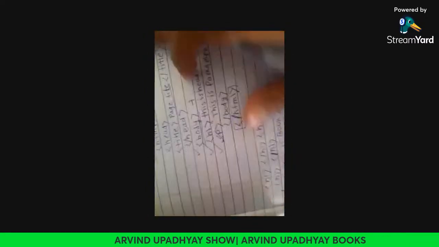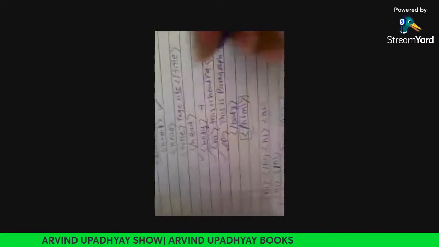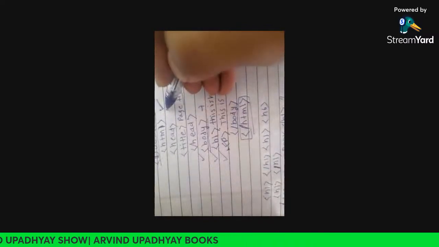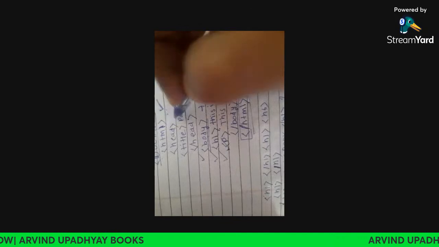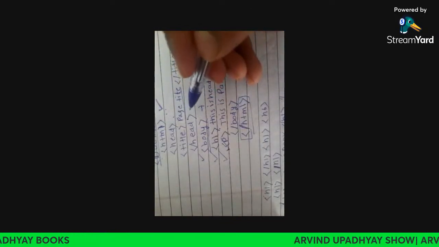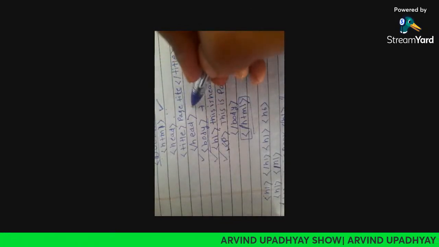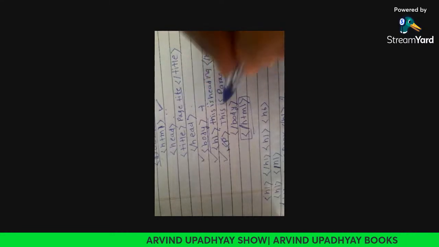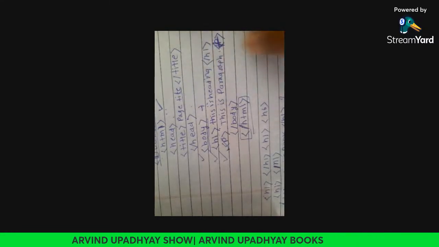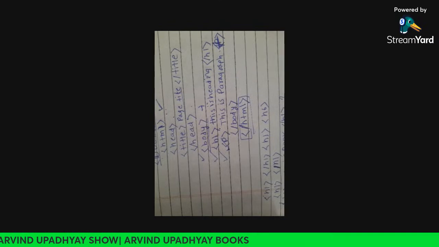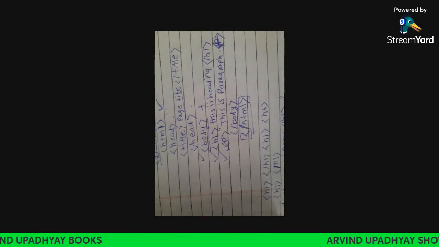For example, we wrote this one as the document type, and then we had HTML, headings, and then the next heading, and then paragraph, and then body. This was one of the examples that we have seen.